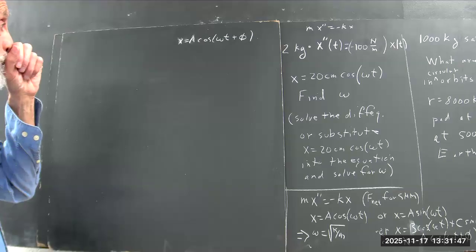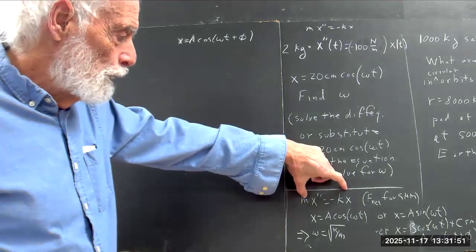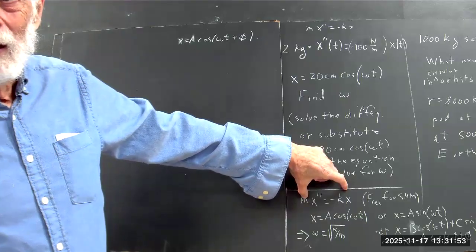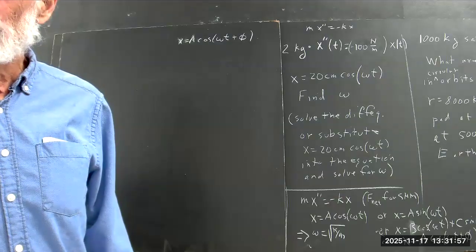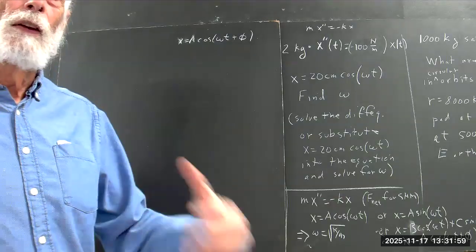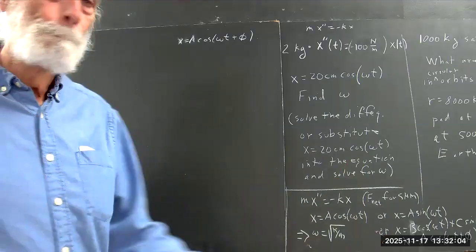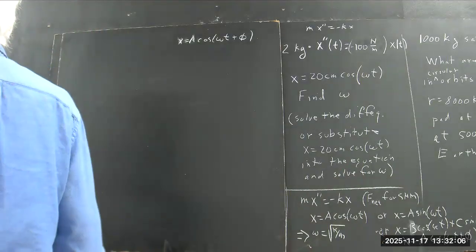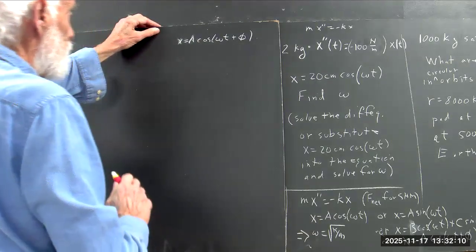Again, it's just the principle: if you know this, then everything develops. You don't have to remember a bunch of formulas, and you understand the formulas when you see them, and then you know when to apply them. So here we got this.